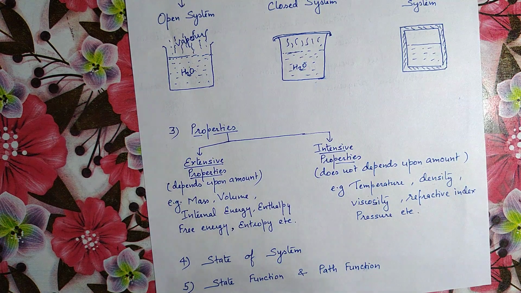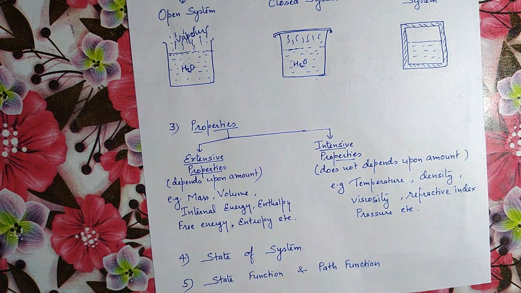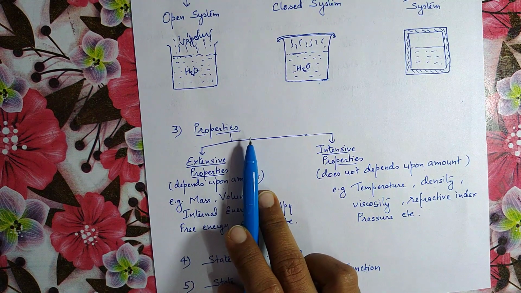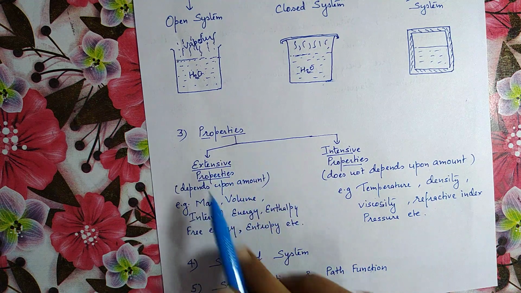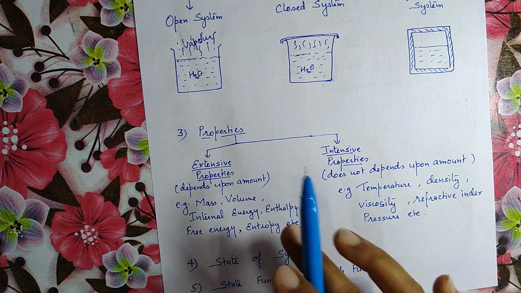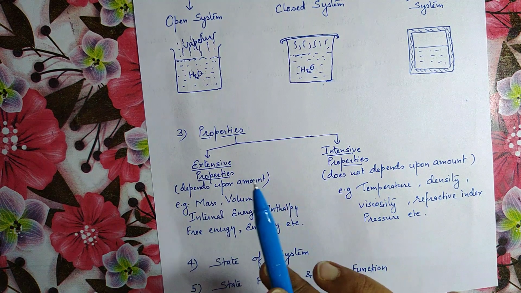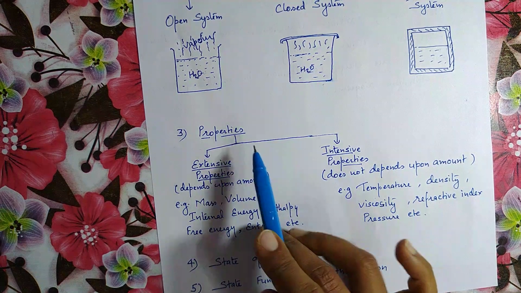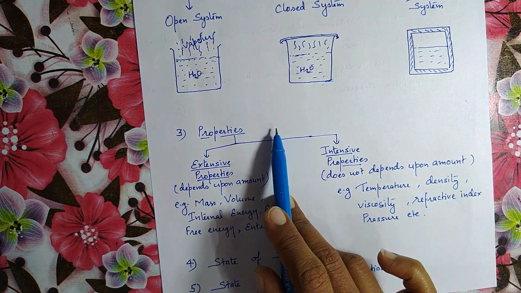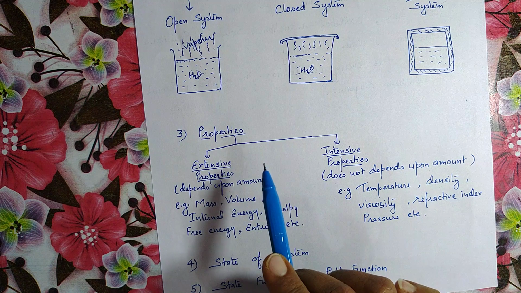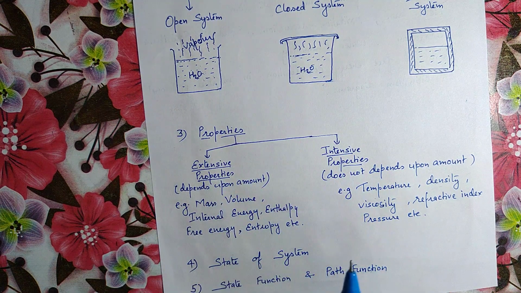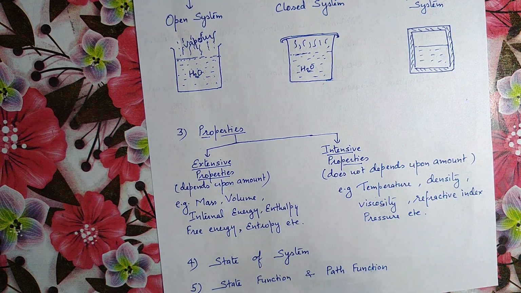Then come to the next term, that is property. What is a property of the system? These are the macroscopic properties which are considered in thermodynamics. Properties are the physically measurable parameters of the system. These properties can be divided into two parts, that is extensive properties and intensive properties.